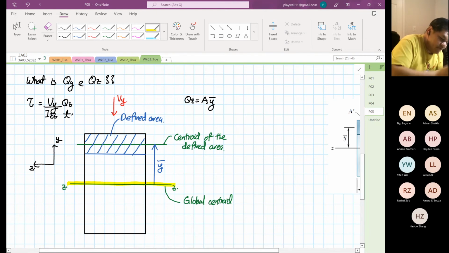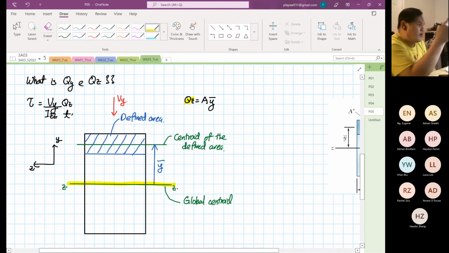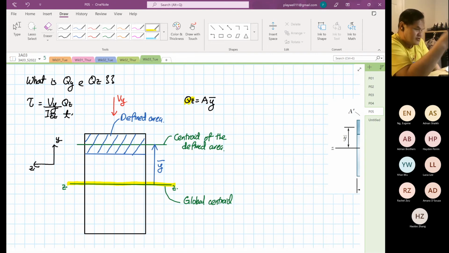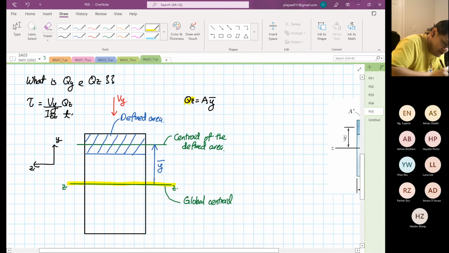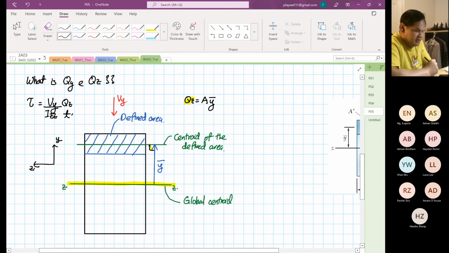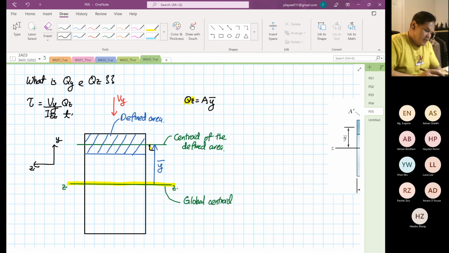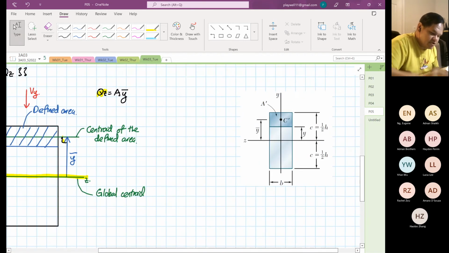The first moment of area is Qz. Moment of area is force multiplied by a perpendicular distance. So this is the perpendicular distance relative to the area. That is how we calculate our Q, A Y bar.